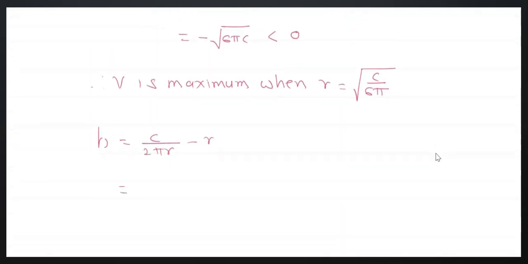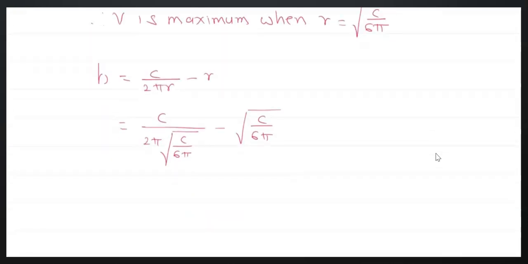Now here h is equal to c upon 2 pi r minus r. What is the value of r? r is root of c upon 6 pi when V is a maximum. Substitute here. Now this is the calculation.